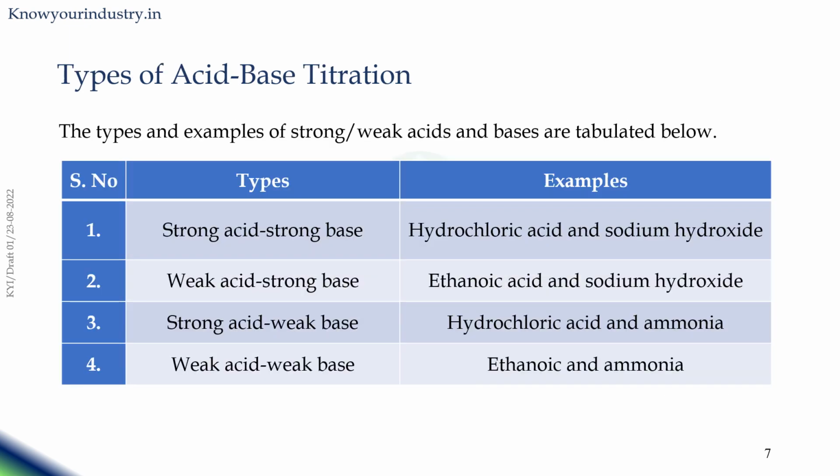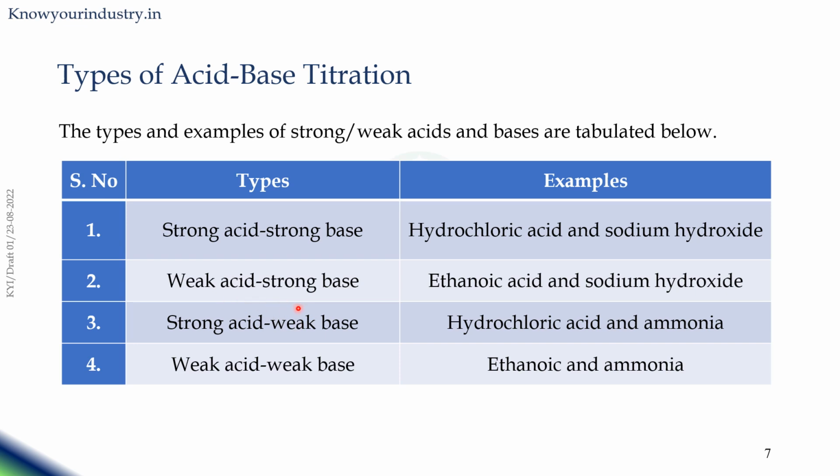In this slide, we are seeing some of the types of acid-base titrations. The strong acid, weak acid, strong base, weak base combinations can be used for acid-base titration. Some examples of these combinations we are going to see. Strong acid, strong base: you can use hydrochloric acid and sodium hydroxide for the titration.